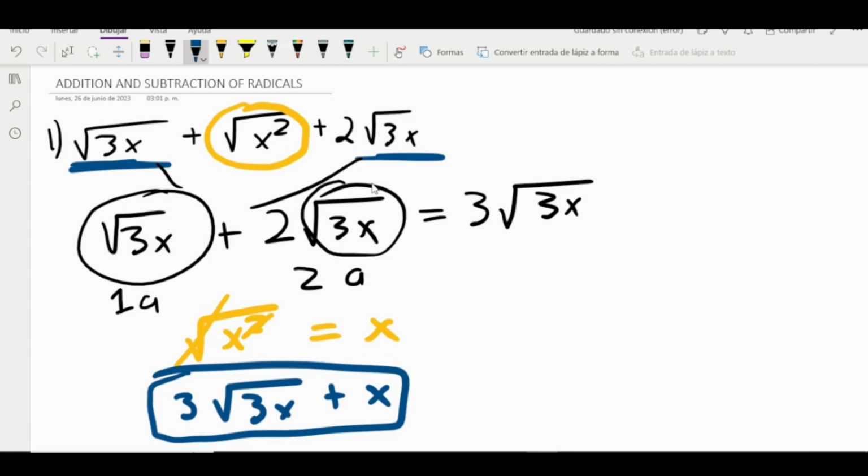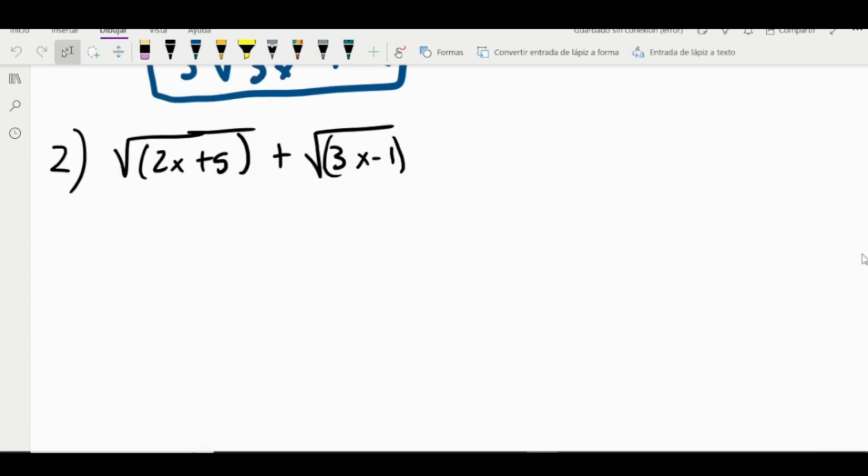Let's solve the next one. Here we have another exercise. In both cases we have the square root, which is good. But inside the parentheses we have 2x plus 5 and 3x minus 1.